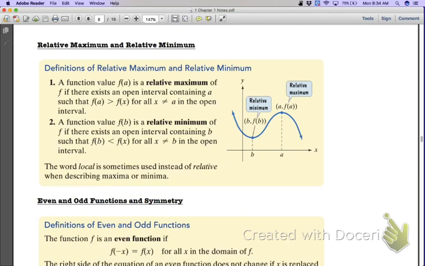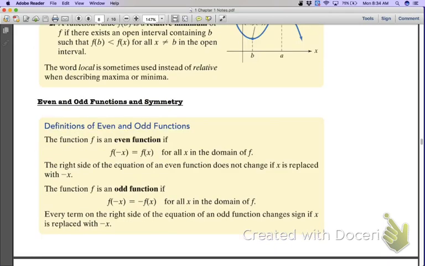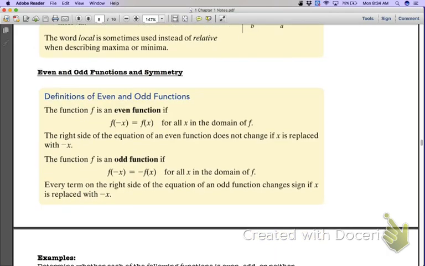Whenever we talk about odd and even functions, a function is going to be even if we can plug in a negative value, changing the original value of x, but our y values are the same.